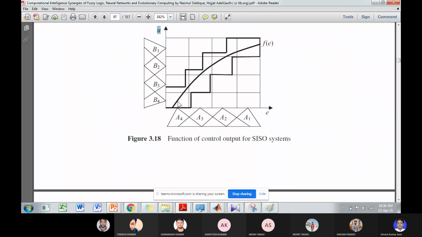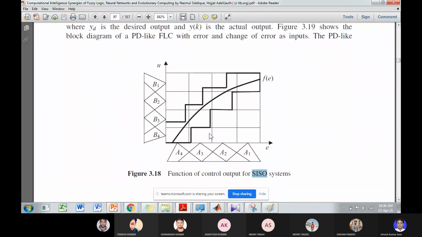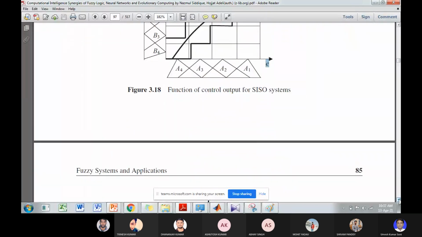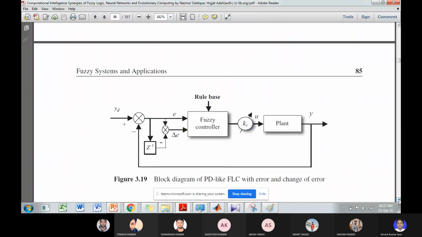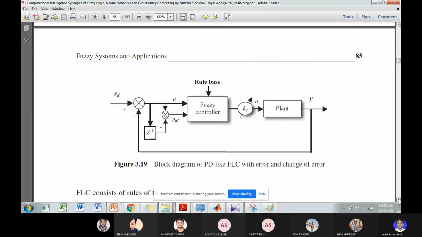The actual output depends on this error, and it is not linear. Here the actual output also depends on the derivative of this error. So this is a generalized control structure for the PD type of fuzzy logic controller.